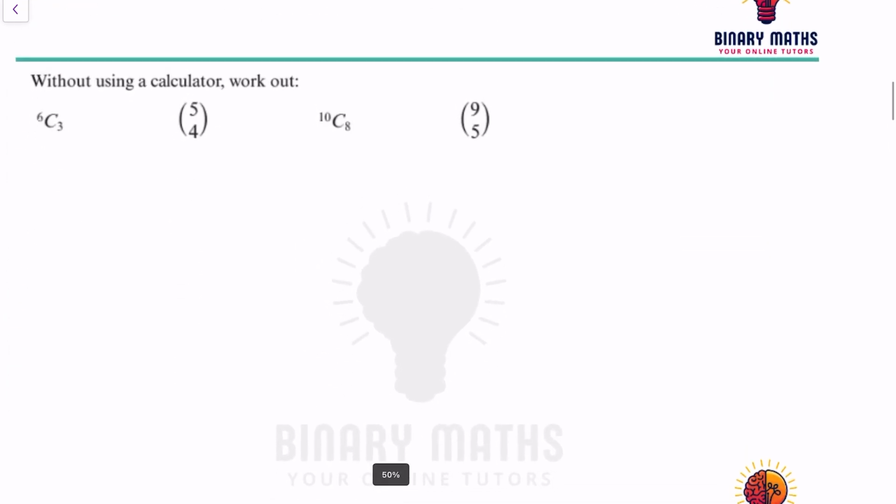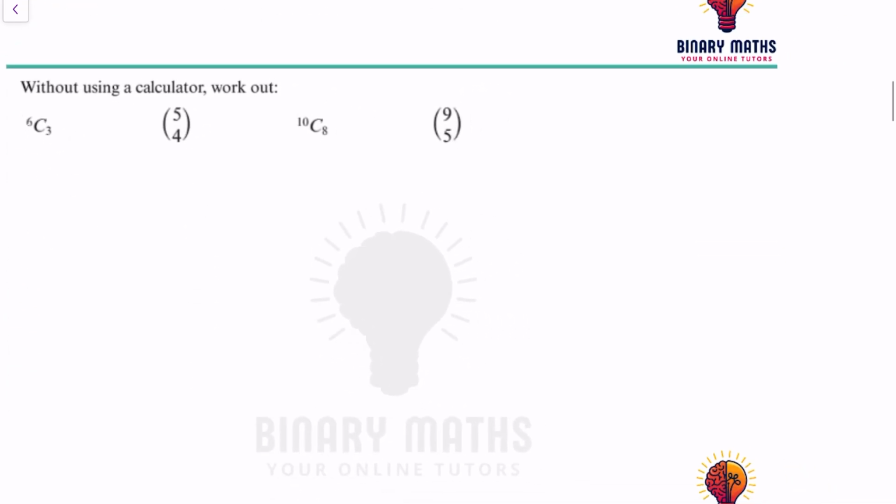Let's get used to n choose r now. So 6 choose 3 is equal to, using the formula, 6 factorial over 3 factorial times (6 minus 3) factorial, which is the same thing as 6 factorial over 3 factorial times 3 factorial.